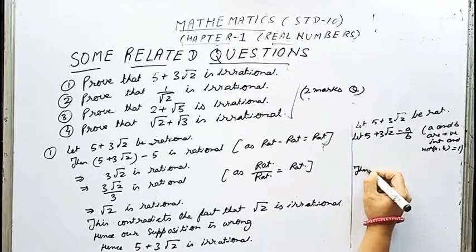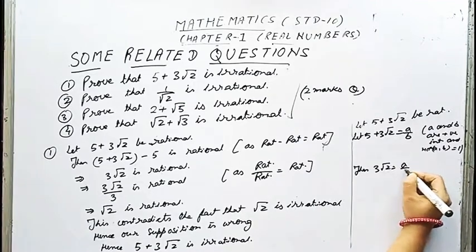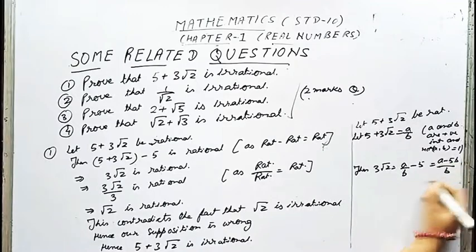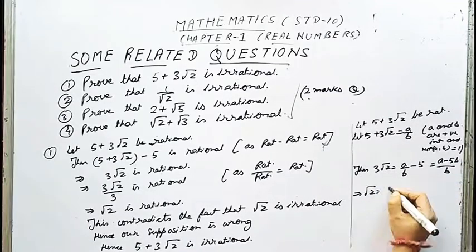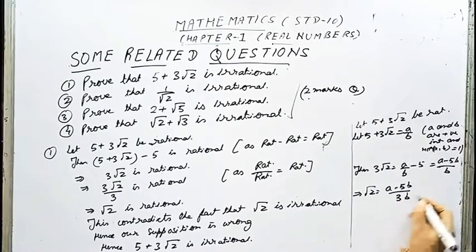Then 3 root 2 equals a by b minus 5, equals a minus 5b by b. This implies root 2 equals a minus 5b by 3b.